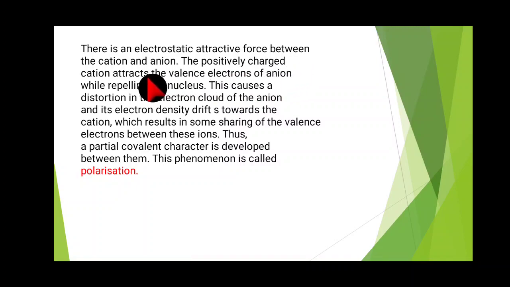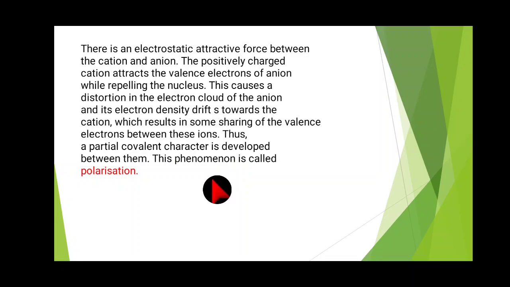The positively charged cation attracts the valence electrons of the anion while repelling the nucleus. This causes a distortion in the electron cloud of the anion, and its electron density drifts towards the cation, which results in some sharing of valence electrons between these ions. Thus, partial covalent character is developed between them.